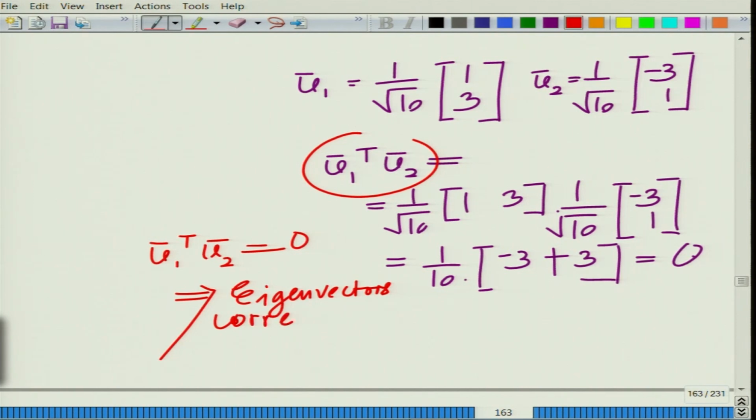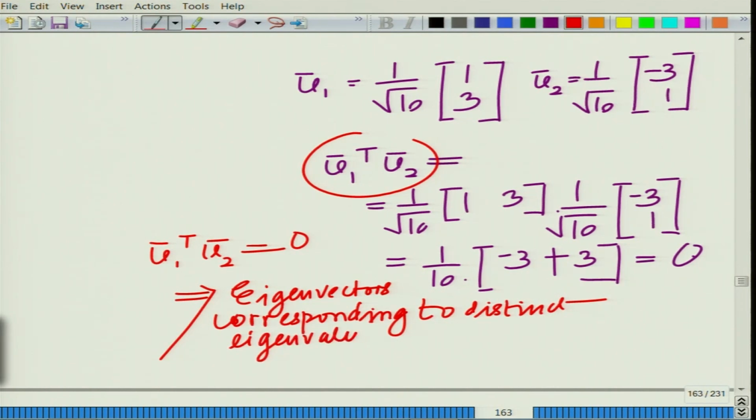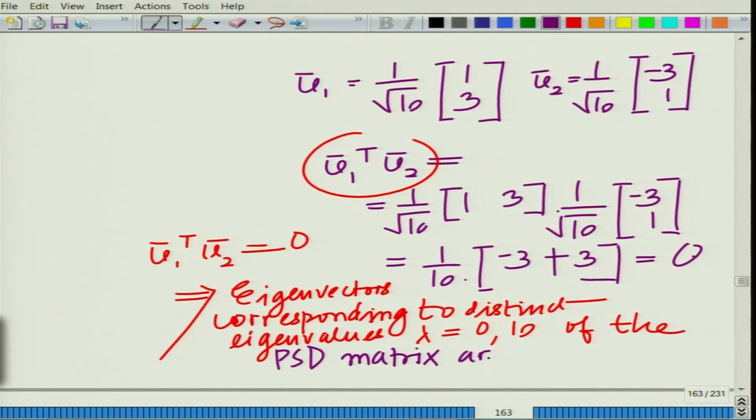which again verifies the property that the eigenvectors corresponding to distinct eigenvalues of the positive semi-definite matrix, in this case lambda equal to 0 comma 10, of the PSD matrix are orthogonal.